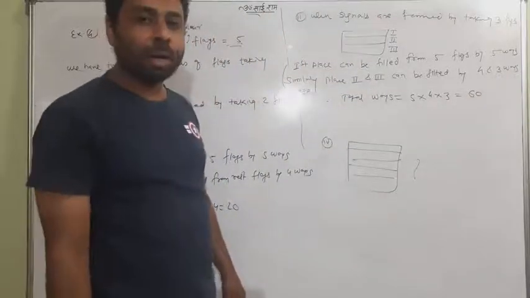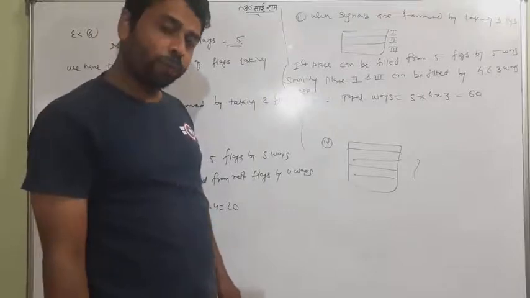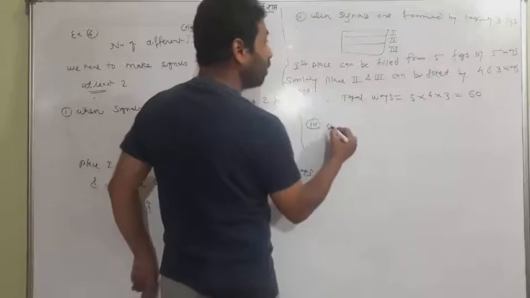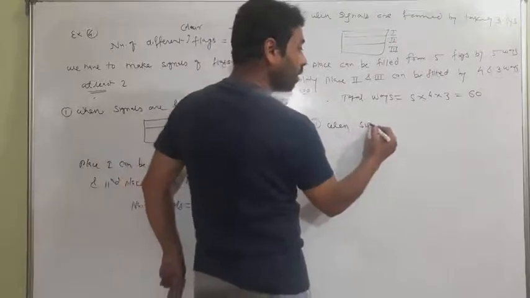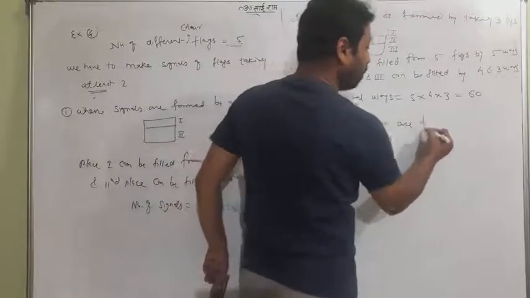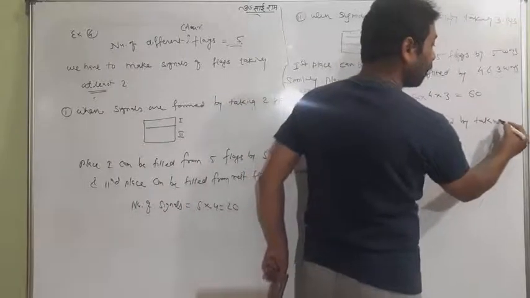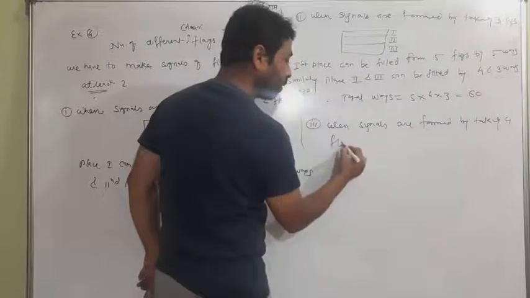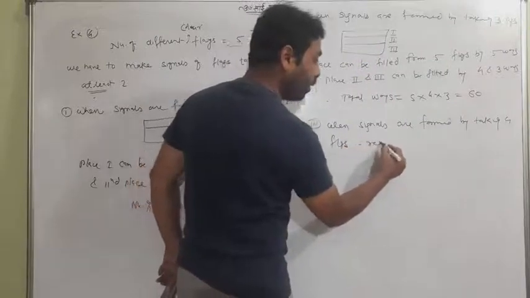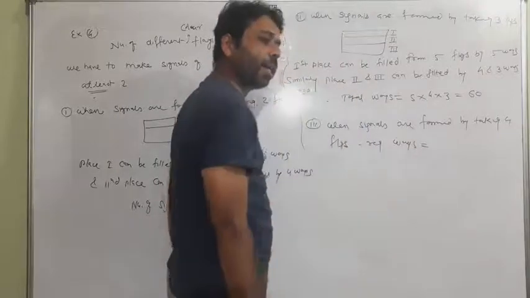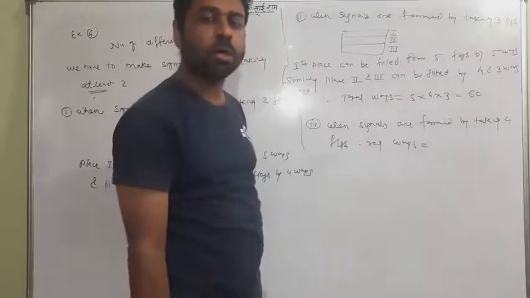Now I don't want to repeat the further work, but I will only write what kind of writing I'll use. Third, when signals are formed by taking 4 flags, the required ways will be, please don't do it again and again because similar things are going to happen.